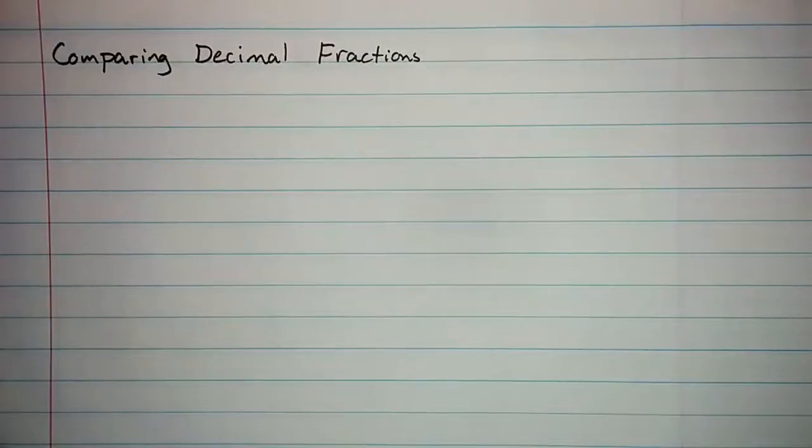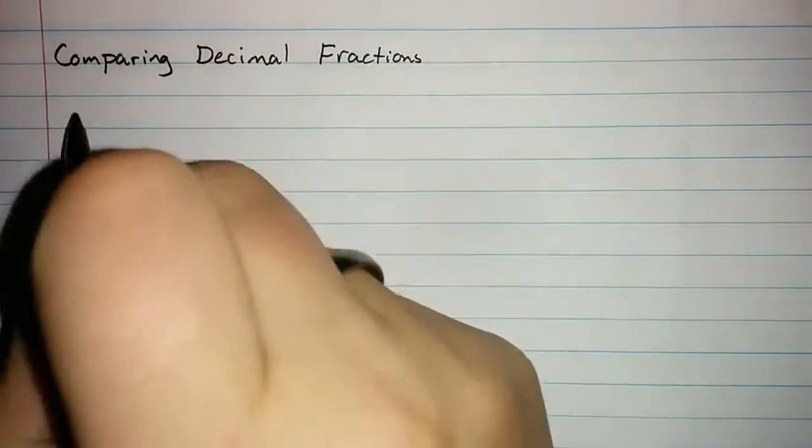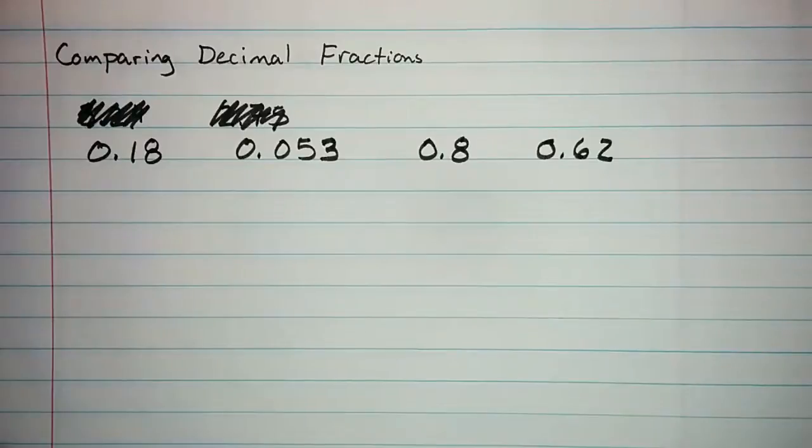Comparing fractions gets a little bit easier when they're all decimal fractions. Why? Because writing them with the same denominator gets easier. So suppose we want to compare these four fractions: 0.18, 0.053, 0.8, and 0.62.